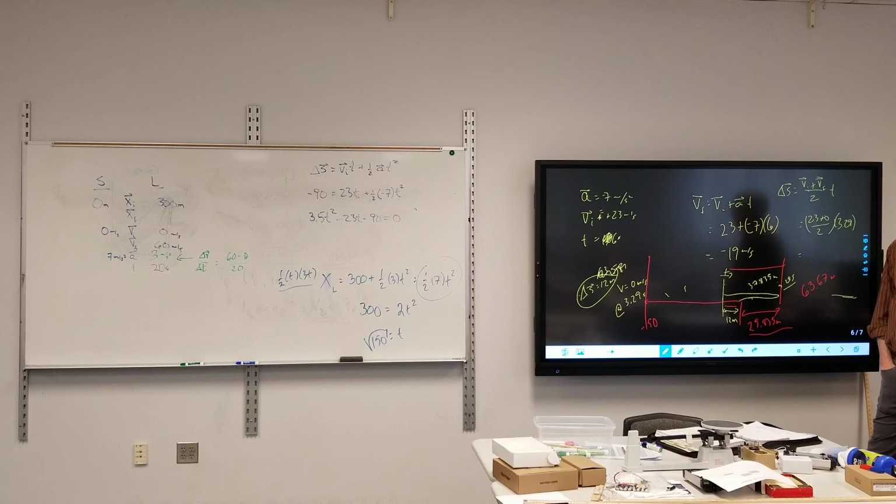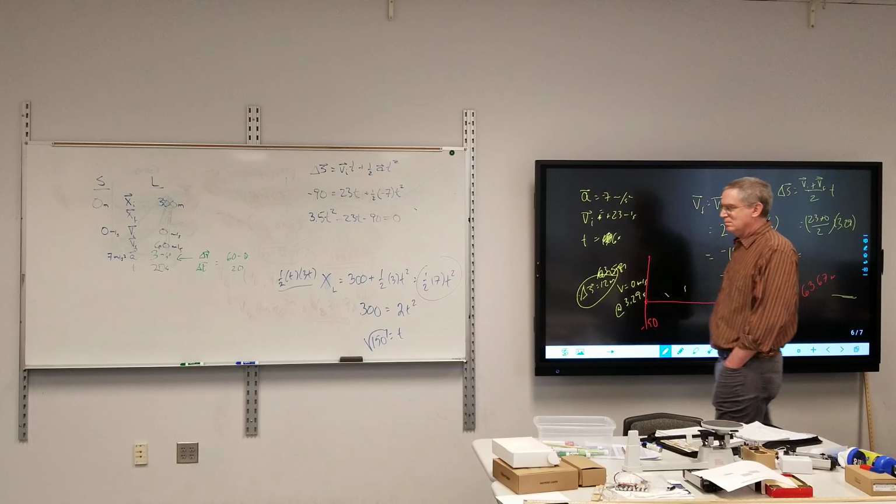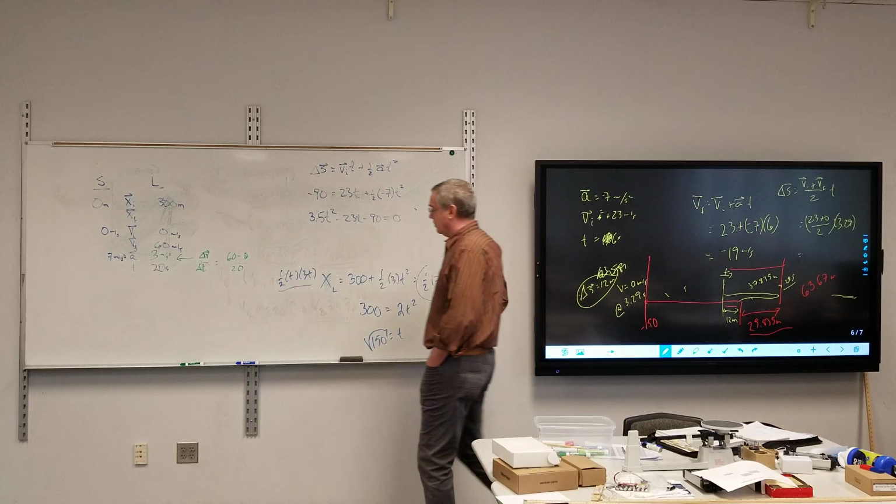And then, my last question is, if we're given a velocity versus time graph, how can I sketch the displacement versus time graph? Because I know how to get the acceleration, but I don't know how to sketch the displacement versus time. It is tougher that way.